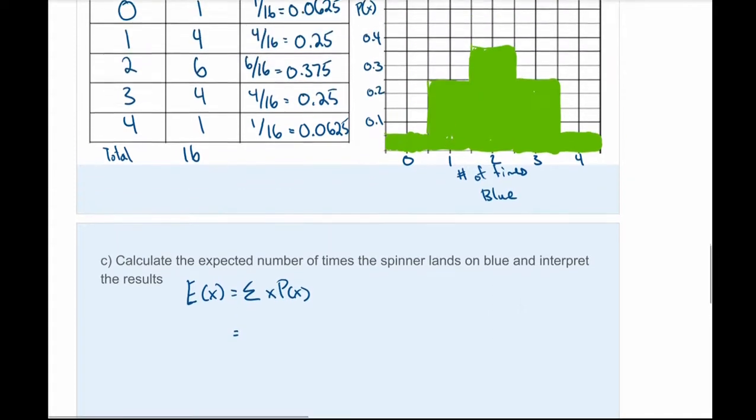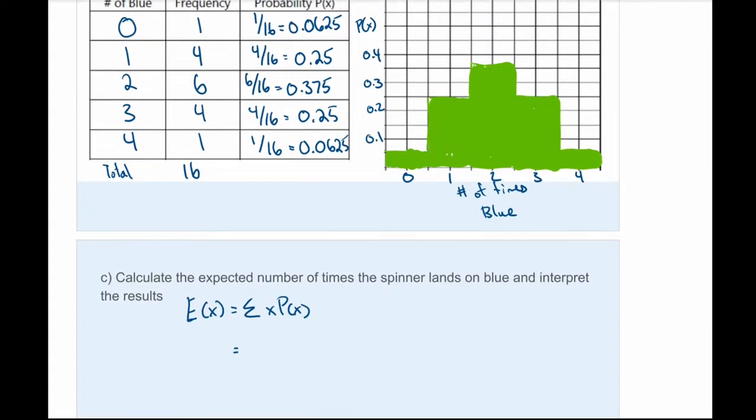So our first outcome looking at the table is 0. We get 0 blues, multiplied by the probability, which is 0.0625. Plus, because it's the sum, the next outcome.